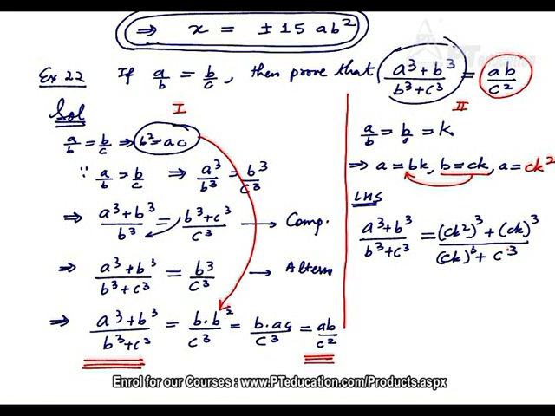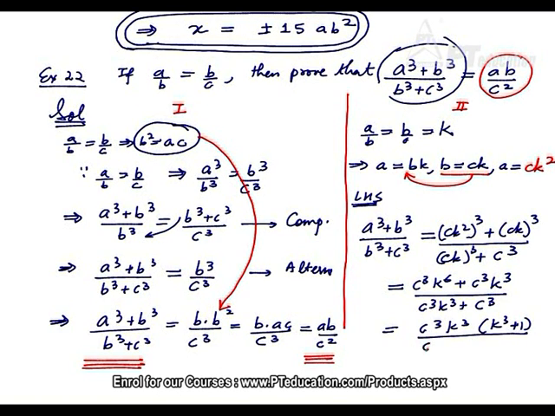So if you simplify this further, the numerator becomes c cube k to the power 6 plus c cube k cube upon c cube k cube plus c cube. Don't be scared, we'll solve it. Take c cube k cube common, you will be left with k cube plus 1 in the numerator. Here in the denominator, take c cube common.